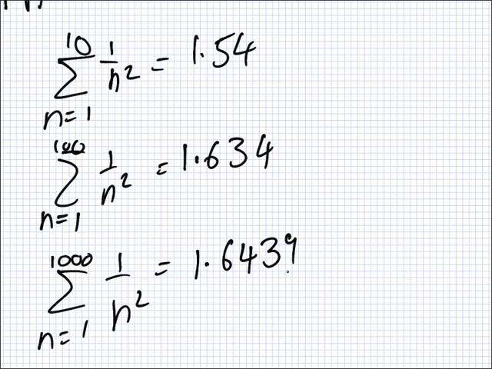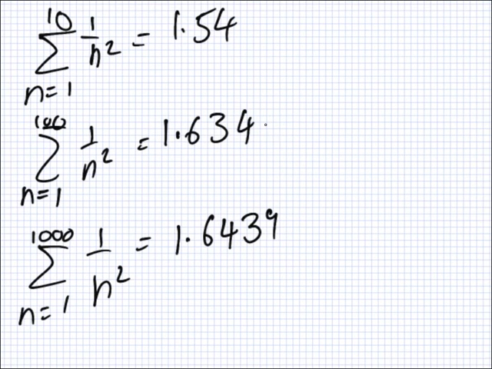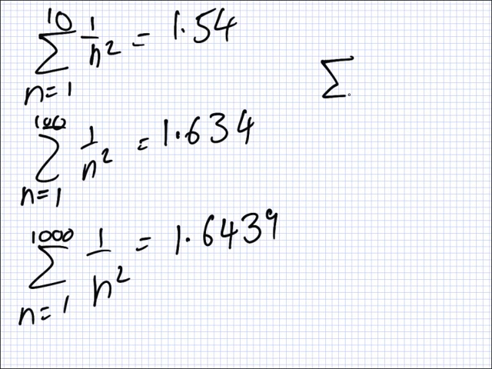So what do we think? Is this convergent or divergent? It's looking like it's convergent, isn't it? Yeah. Now, how can you actually calculate this? Can we do this on the calculator?